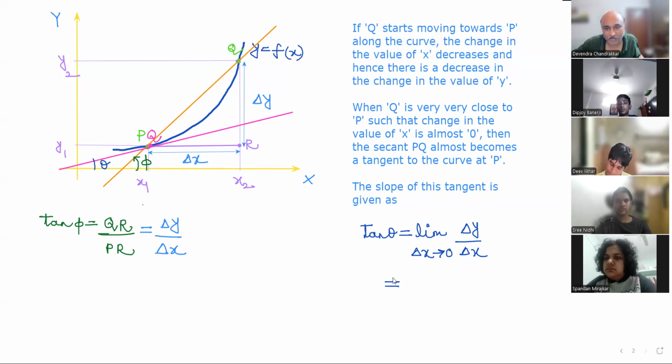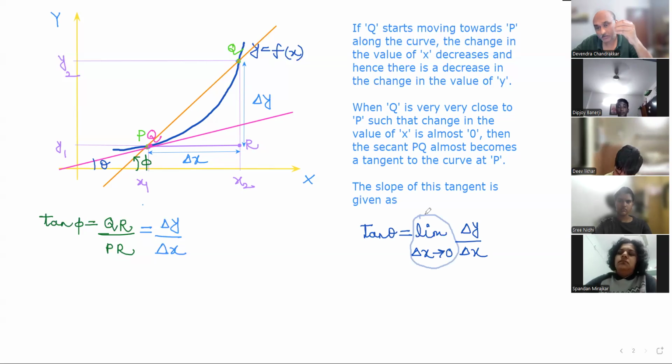What we are writing here, I have written this extra term here. Can you see this? Limit delta x tends to 0. What does it mean? Srinidhi and Spandan, please understand. We are making delta x very, very, very small, not 0. So delta x is tending towards 0.